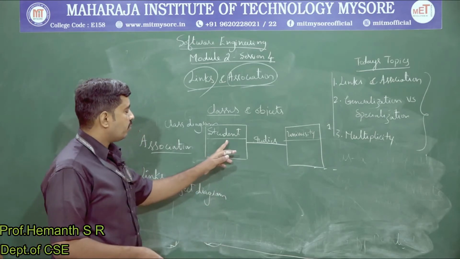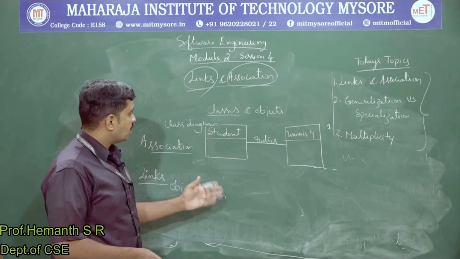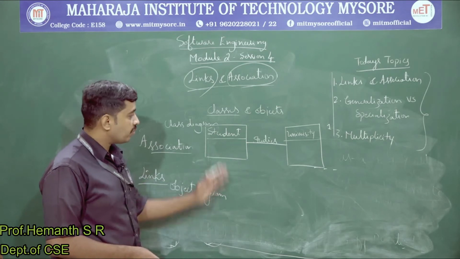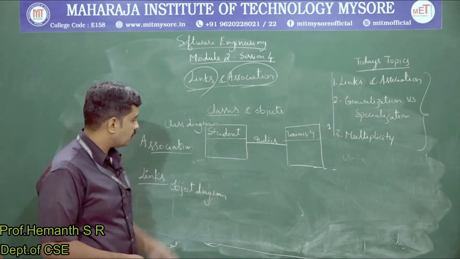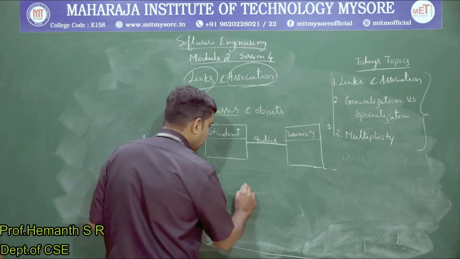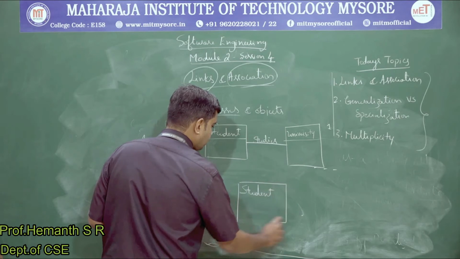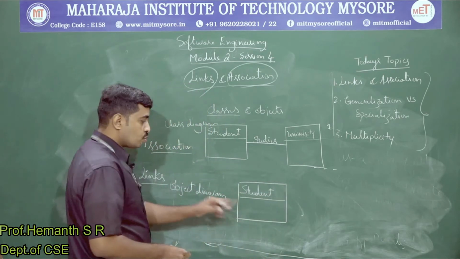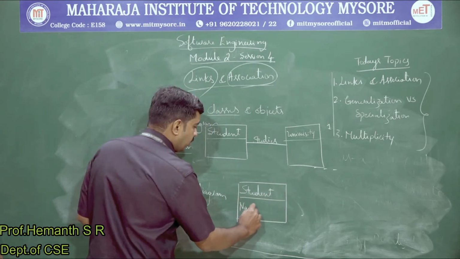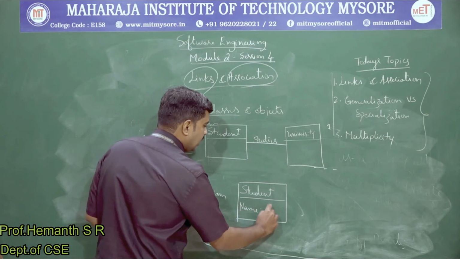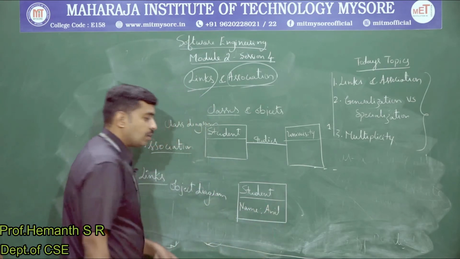So we have the class student. Hundreds of students can be there who are studying in a university. For example, I will create one object for the class student, by name Anil.